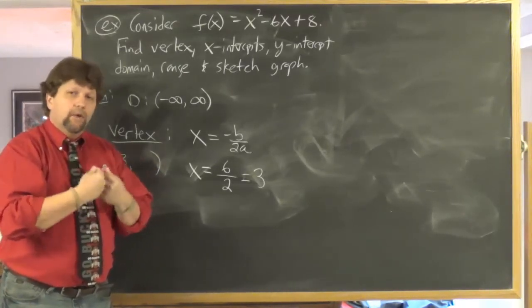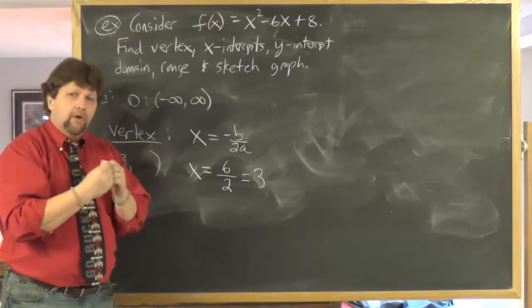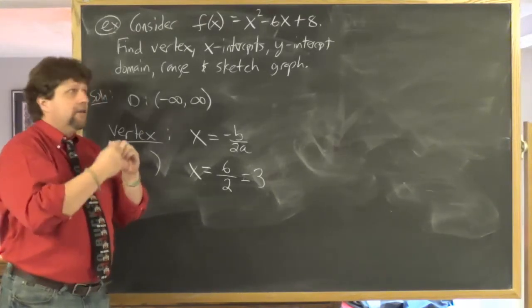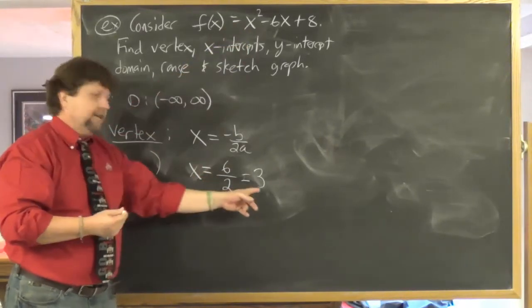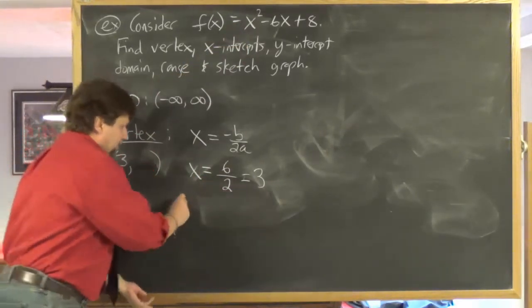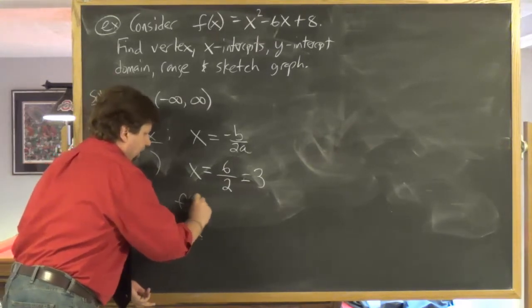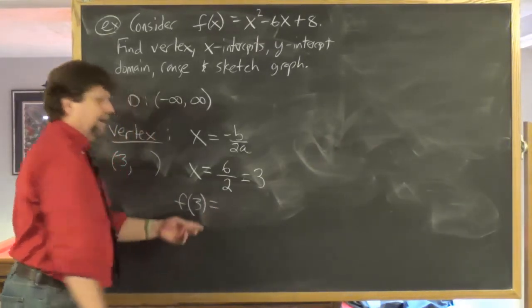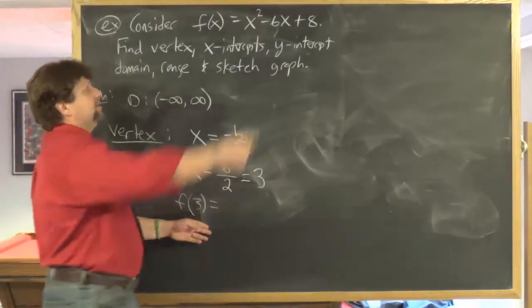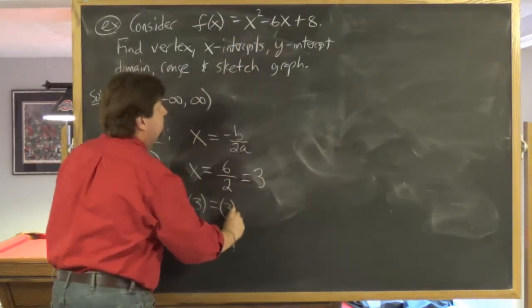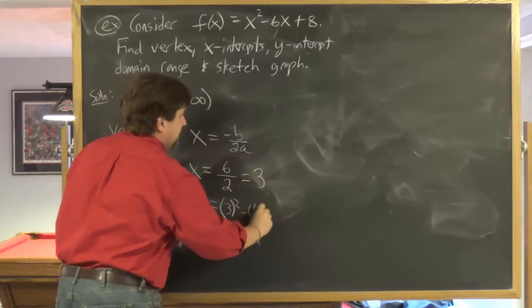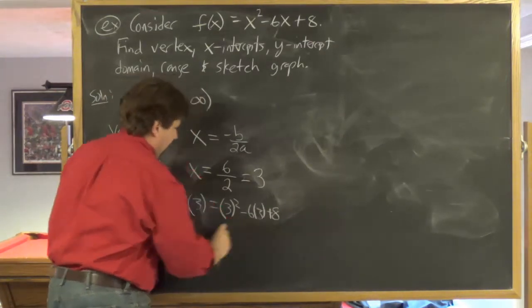To get the y value, the y-coordinate of the vertex, you simply have to evaluate your function at this x value. That is, all we have to do is evaluate f of 3. And you know how to evaluate functions. You're going to put 3 in for the x's. So that gives you 3 squared minus 6 times 3 plus 8.